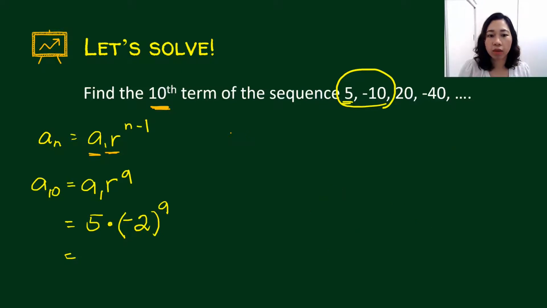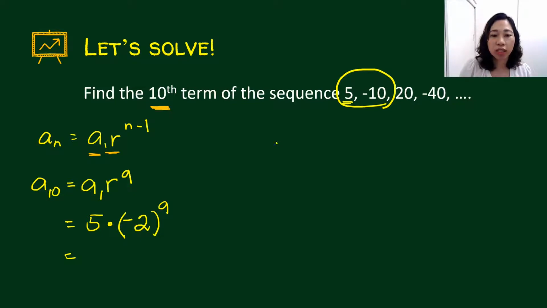You might be asking, hey, negative 2 raised to 9 is such a large number, does that mean I would have to multiply negative 2 with itself 9 times? That might be so tedious. So what you can do is this.